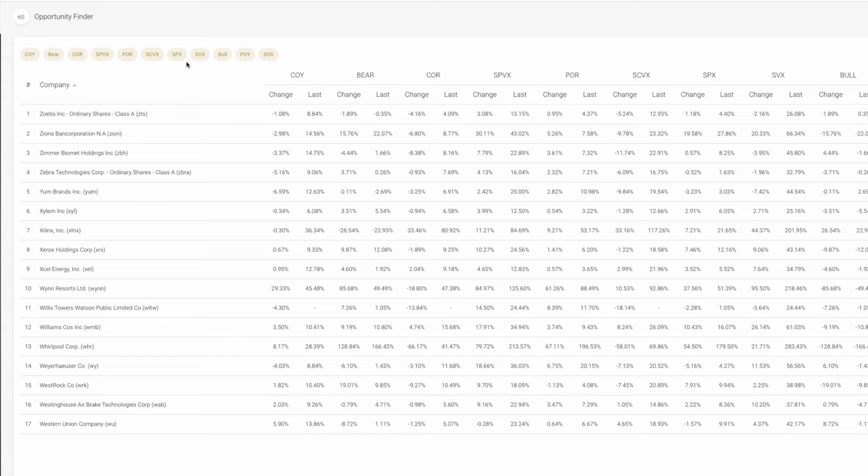When you're looking at these, you can select or deselect any of these, and that will change what columns show here. And the strength of the Opportunity Finder is really that anything you sort here will resort in signal, right?